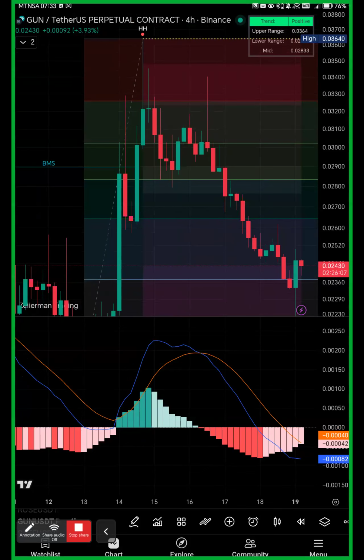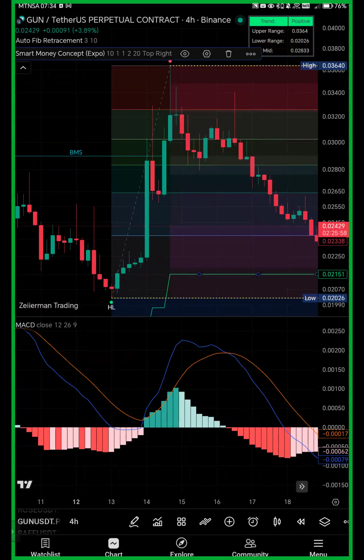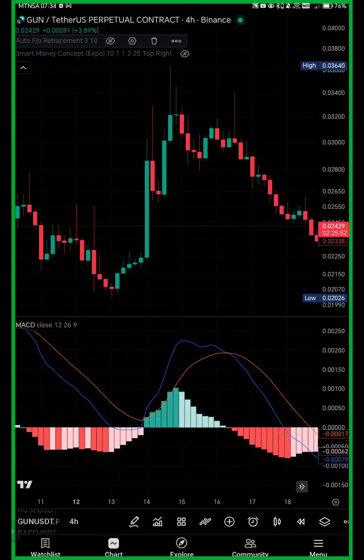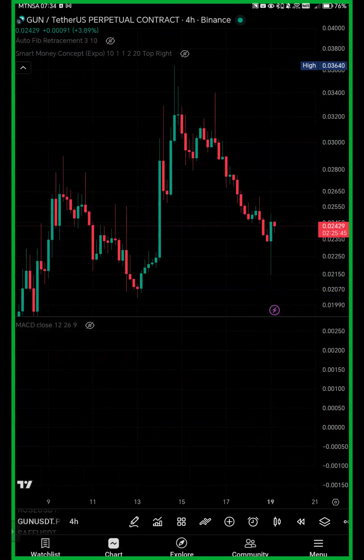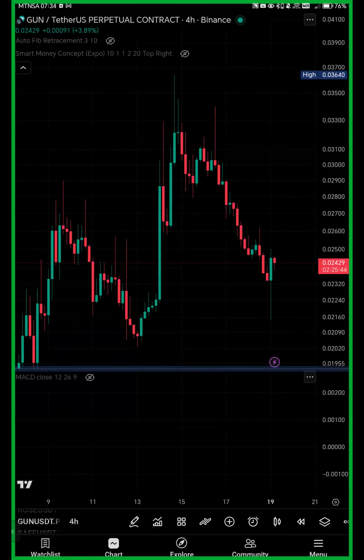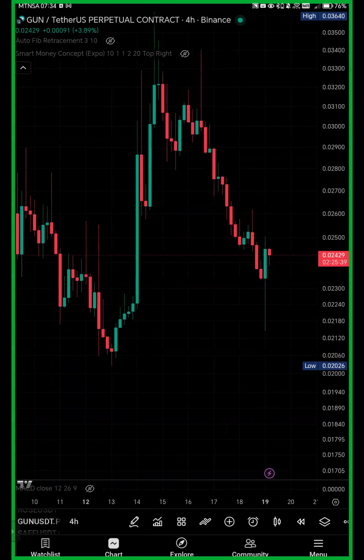Let me remove these things here. Some people are losing concentration because of these things, so let me hide them. Then we can only have candles here. So the market has been going upward.